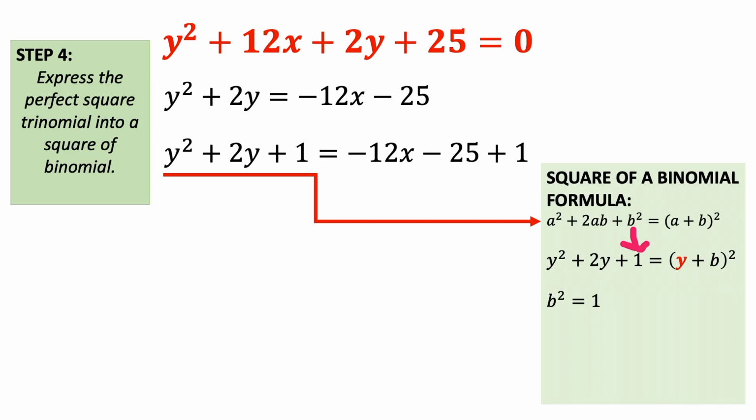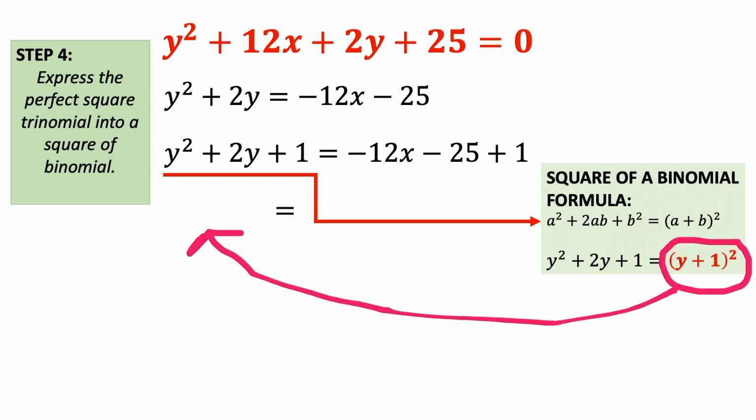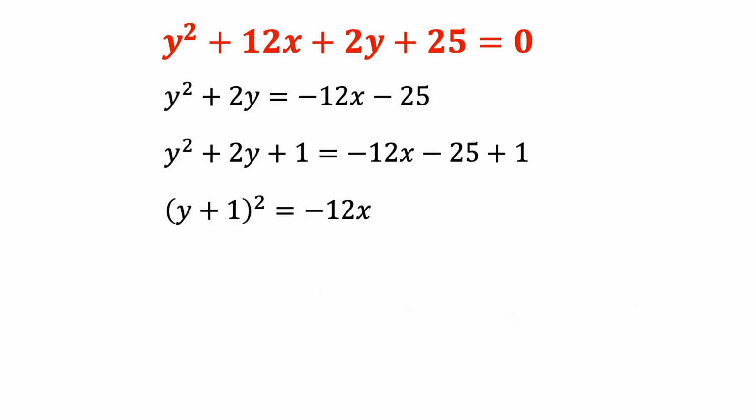Therefore, we can determine the value of b if we get the square root of both sides of the equation. The square root of b squared is b, while the square root of 1 is 1. Therefore, b is equal to 1. The square of binomial of our perfect square trinomial on the left side is quantity y plus 1 squared.